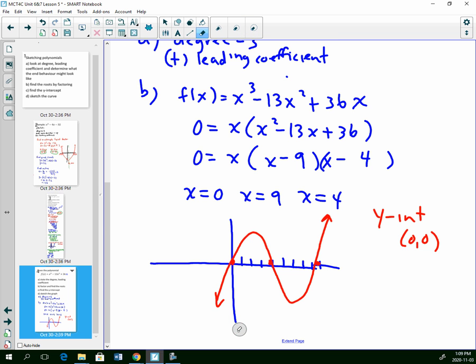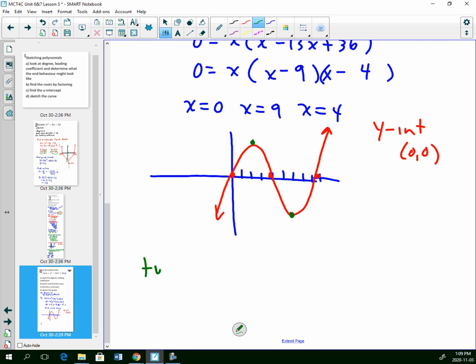Again, if I wanted to find these turning points, I would just go halfway between 0 and 4. So this one would occur at 2. And then halfway between 4 and 9 would occur at approximately 6.5, right? So I could then find those.